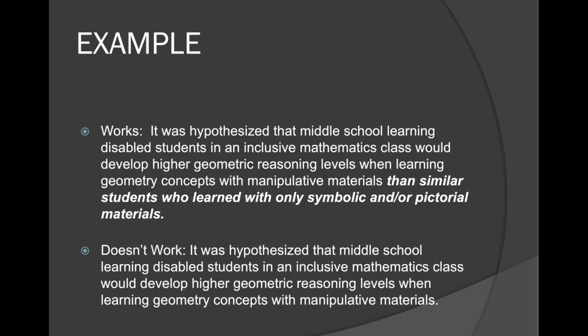If you're comparing different groups doing the same thing, you want groups that have some sort of similar makeup. You don't want to have a low-level group compared to a high-level group. You want groups that are made up of mixed levels so that they become more homogeneous to compare to one another.